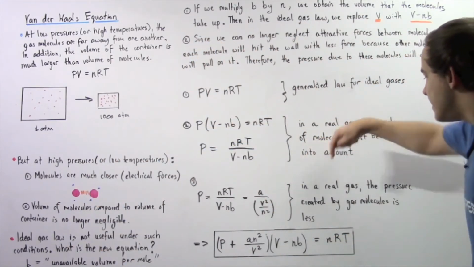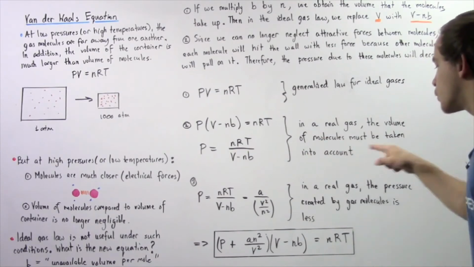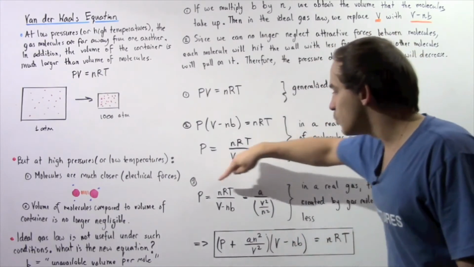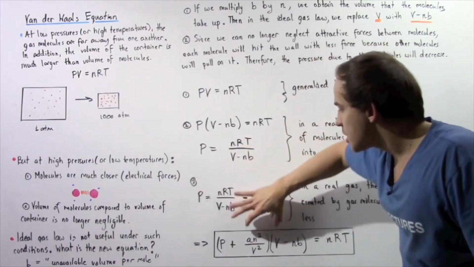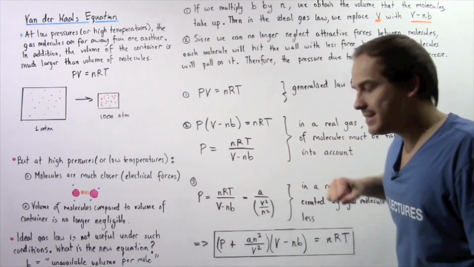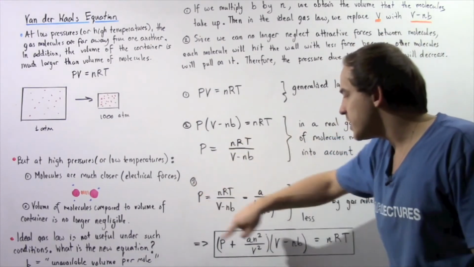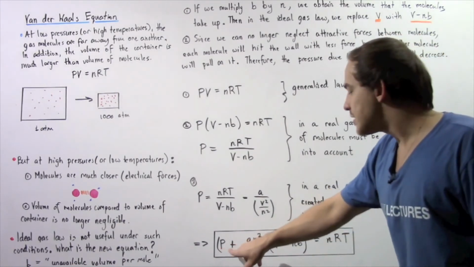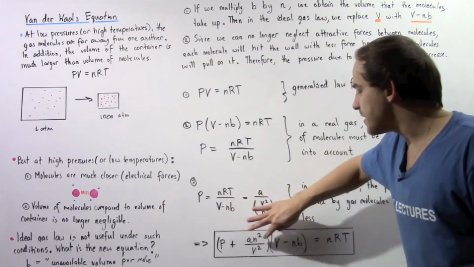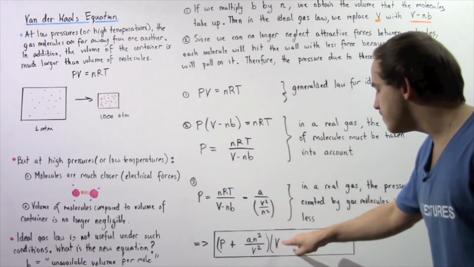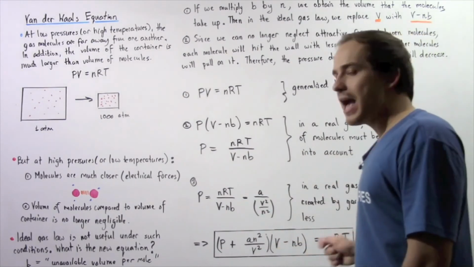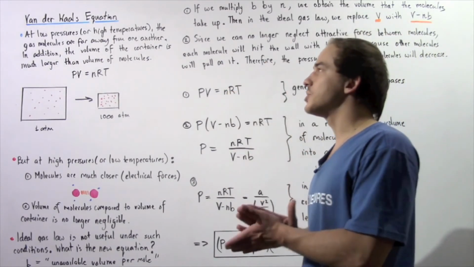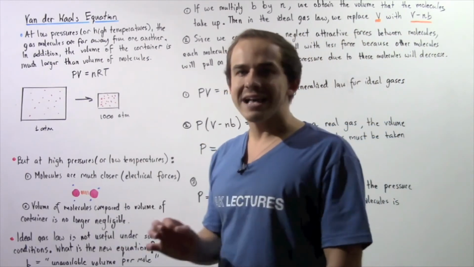Once again, in a real gas, the pressure created by the gas molecules is less, and that's exactly why we subtract this quantity here. Now, if we rearrange this equation, we get the following result: the pressure plus a n squared divided by V squared, multiplied by V minus nb, is equal to nRT, and this equation is known as the van der Waals equation for real gases.